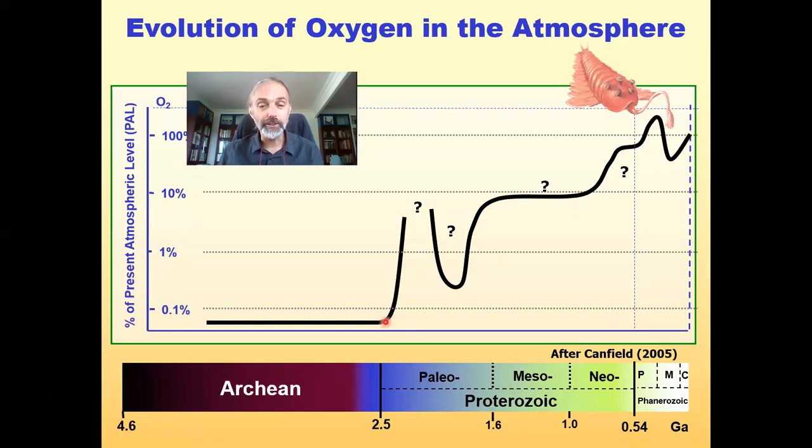Then at the great oxidation event, it shot up, overshot maybe, we don't know, but it was pretty low still during the boring billion. But then we know sometime in the Neoproterozoic oxygen went up, up, up, up, up, and it certainly was high enough in the Cambrian. So prerequisite oxygen, tick, we have that.